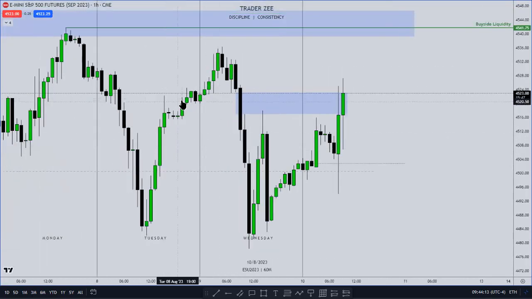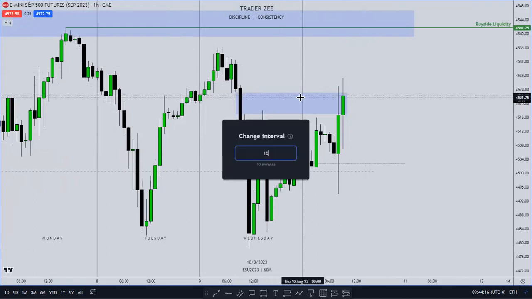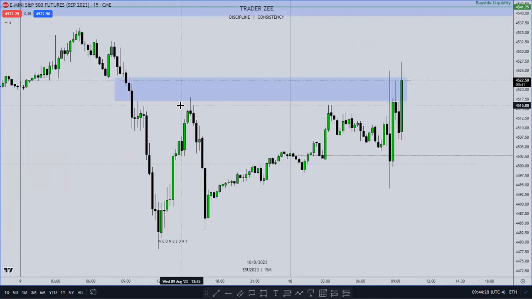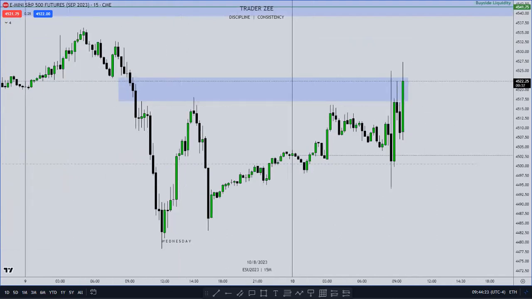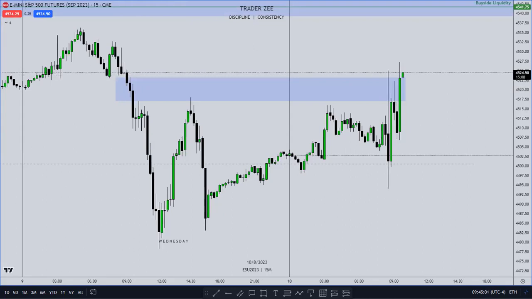I've not transposed that to the lower time frames, on the hourly chart or the 15-minute, but I'm watching it on the other monitor. We have SMT with NAS. NAS looks like a weaker one.